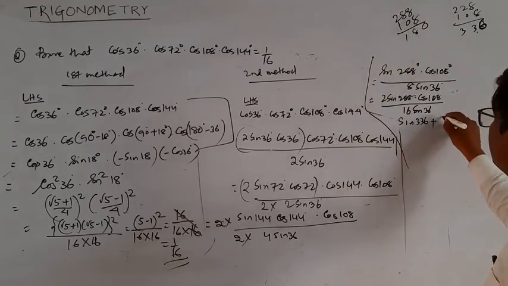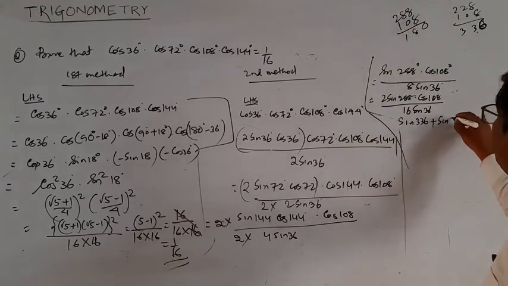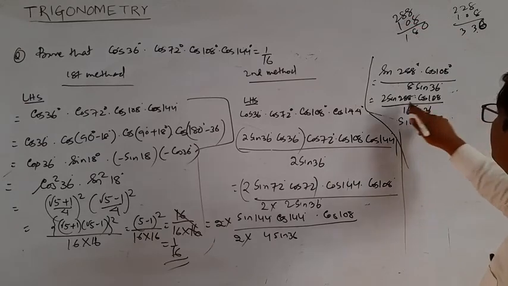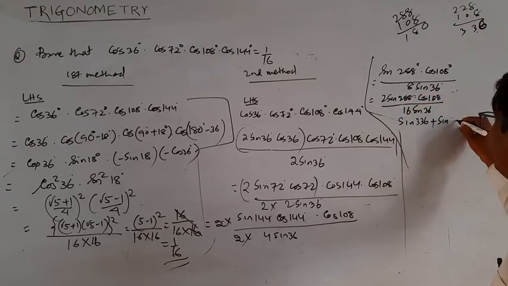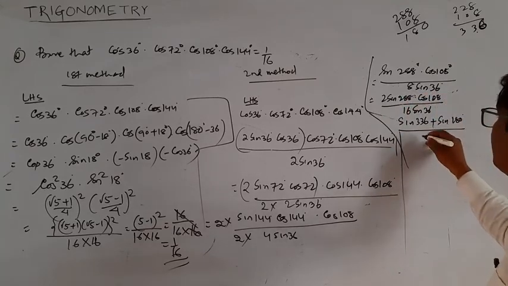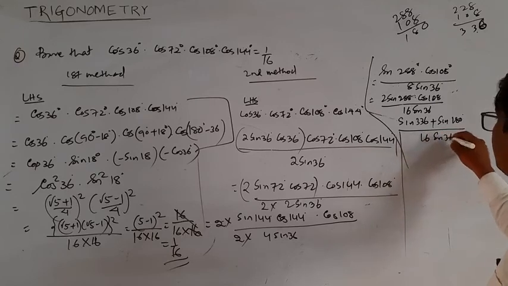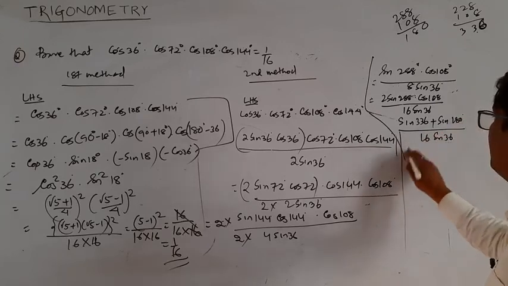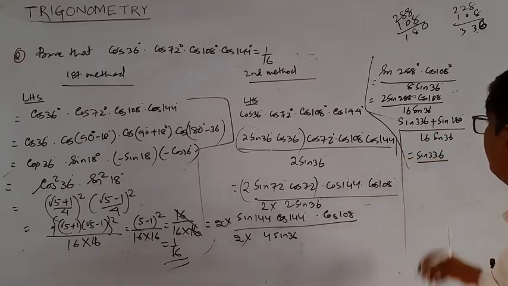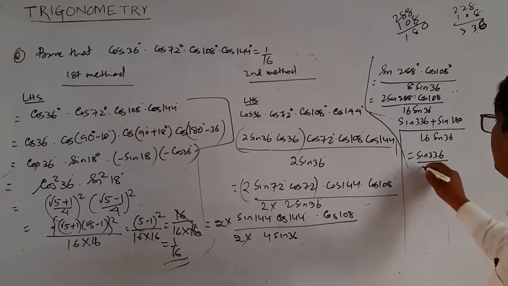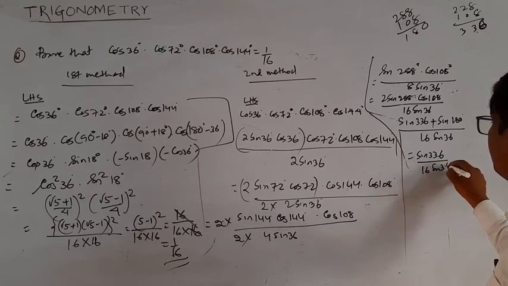So plus sin 180 by 16 sin 36. So this is 0, so sin 396 by 16 sin 36.